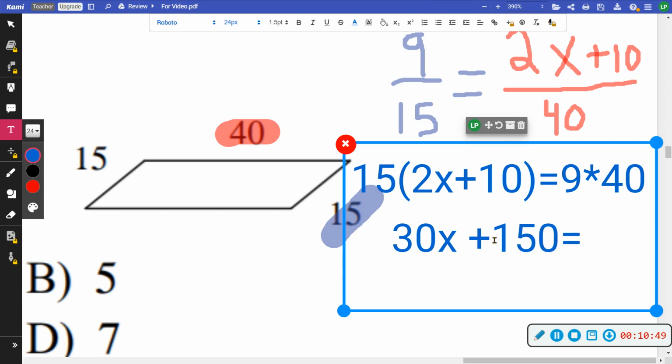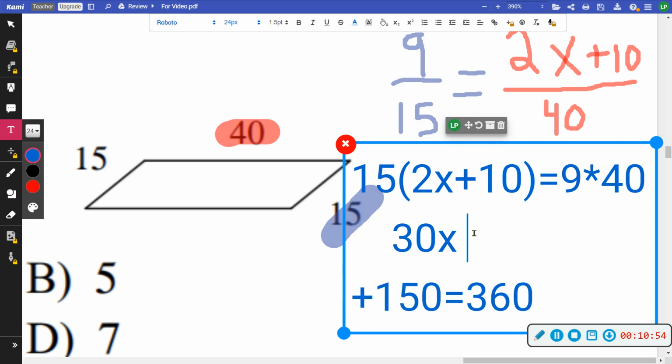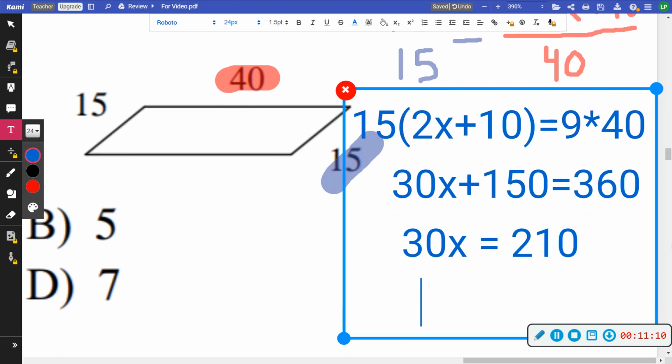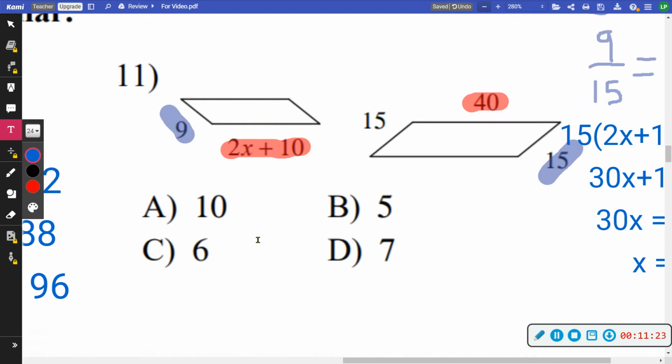And 9 times 40 is 360. Subtract 150 from both sides. So 360 minus 150 is 210. And then take 210 divided by 30, and I get 7. So I just found what's the value of x? X is 7.